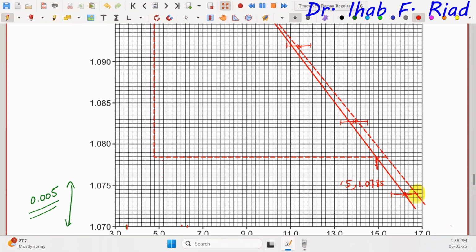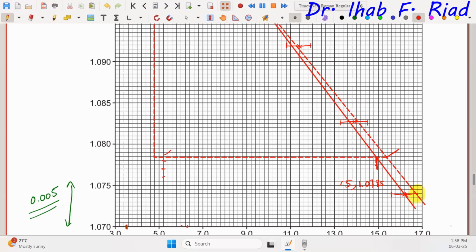What about the worst fit? How do we get 1.0785? Do the counting. 76, 77, 78, right? 78.5.